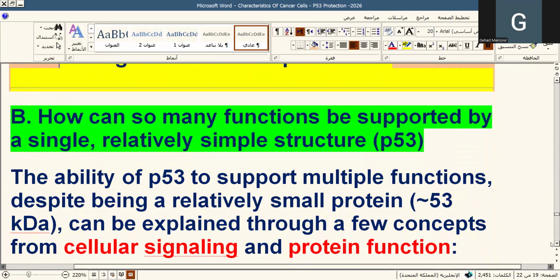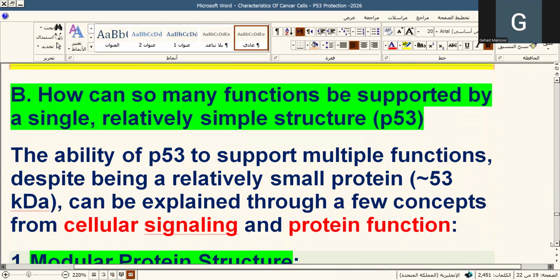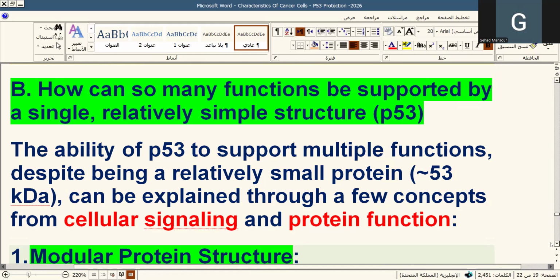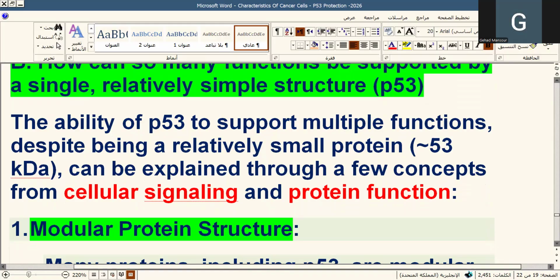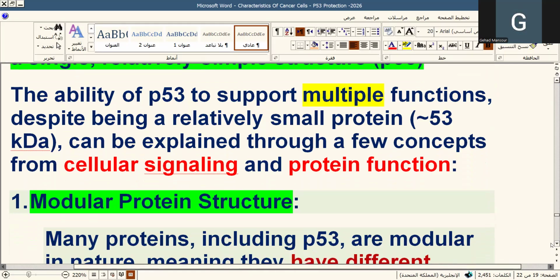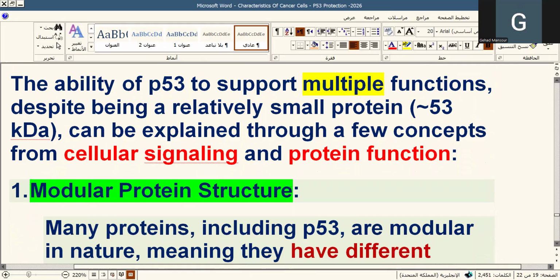There is one important question that you frequently find in your AP tests. How can so many functions be supported by a small molecule like P53, that is a single molecule and that is small in size? So the ability of P53 to support multiple functions, like the four functions that we have just mentioned, is related to the fact that it is a modular protein structure or a modular protein molecule.